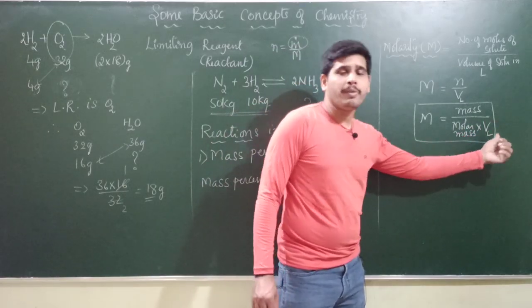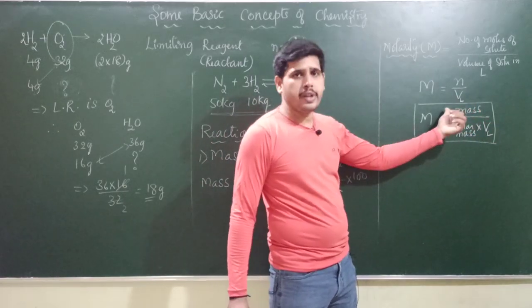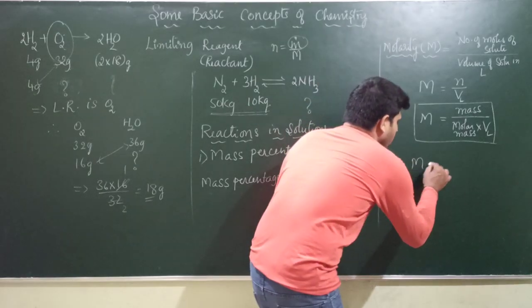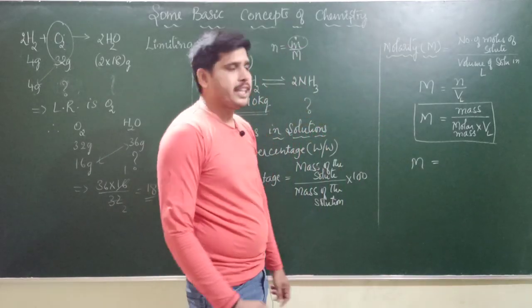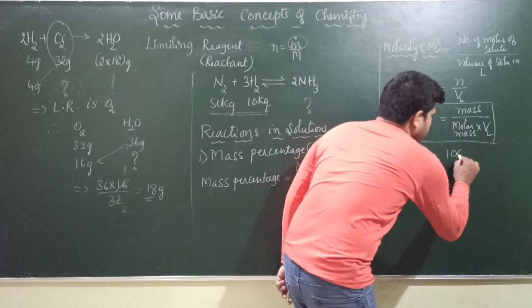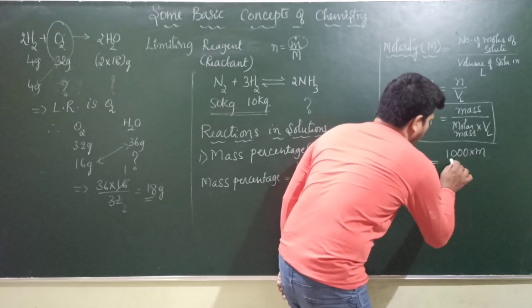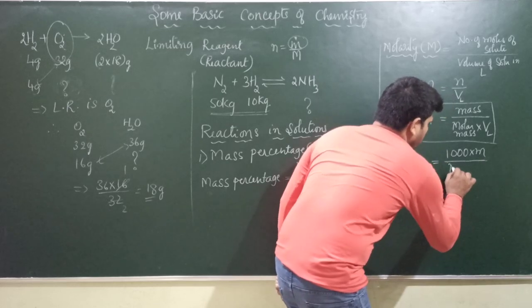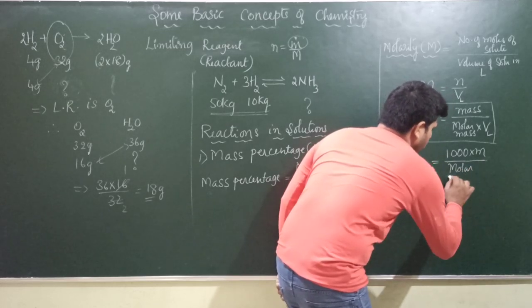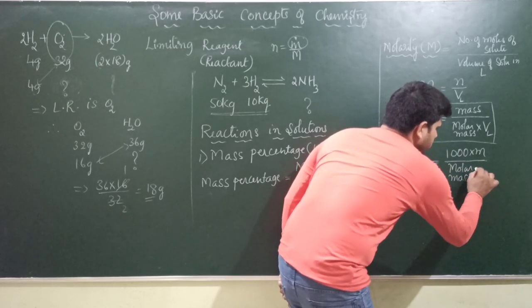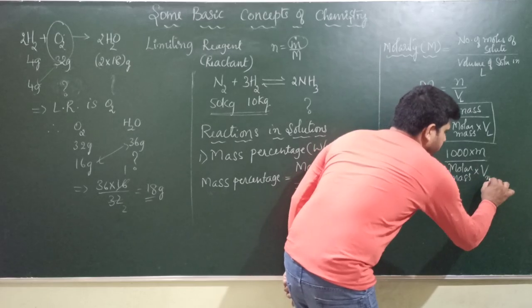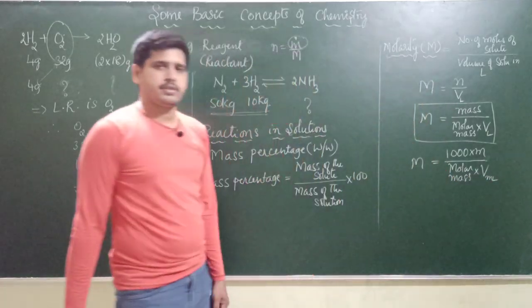We need to divide by 1000, so that will come to the numerator. So one more way of expressing it: molarity M is equal to 1000 into mass divided by molar mass into volume in ml.